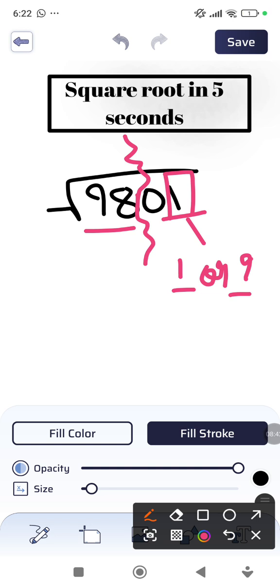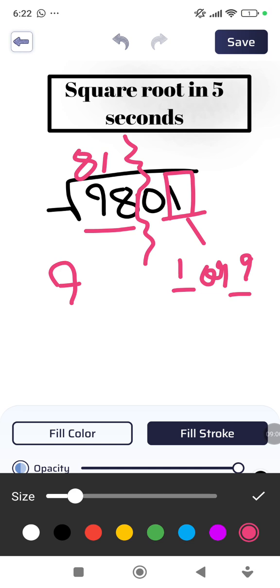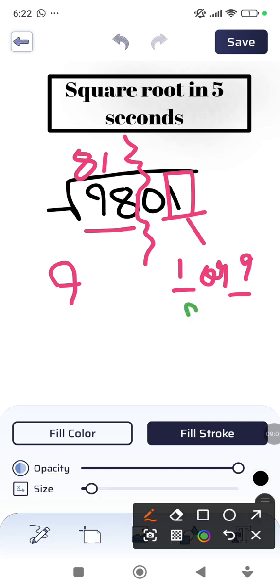That is the perfect square just smaller than 98. That number is 81, and it is the square of 9. So now we can tell that the number might be 91 or 99.